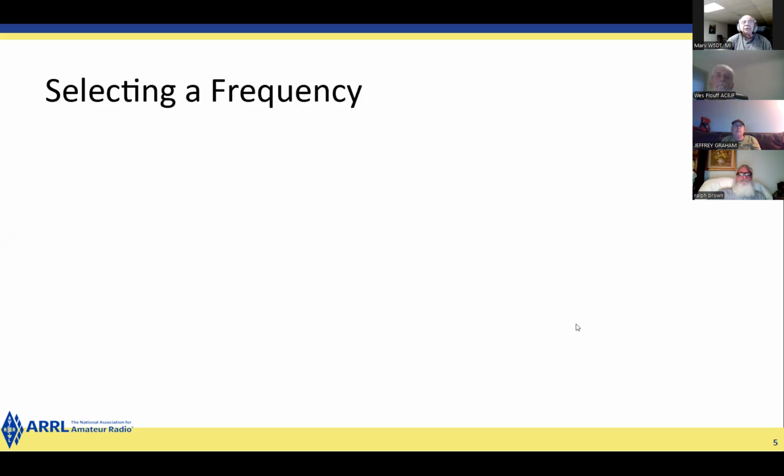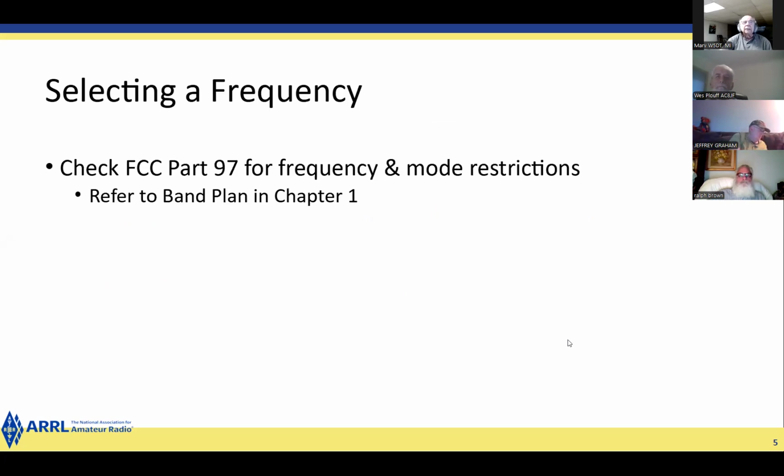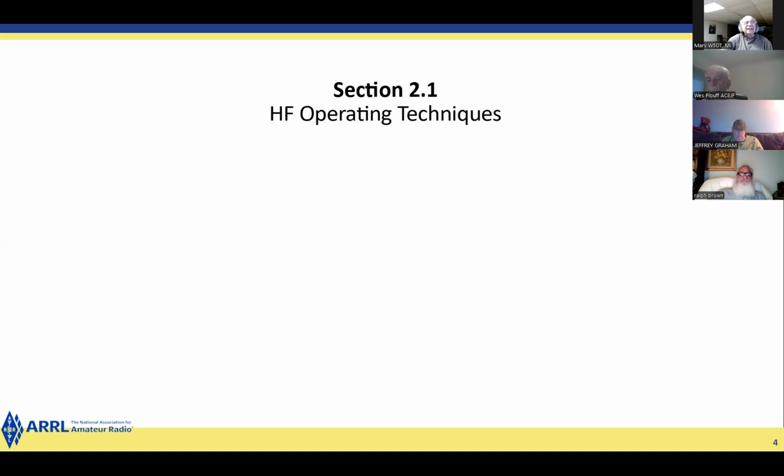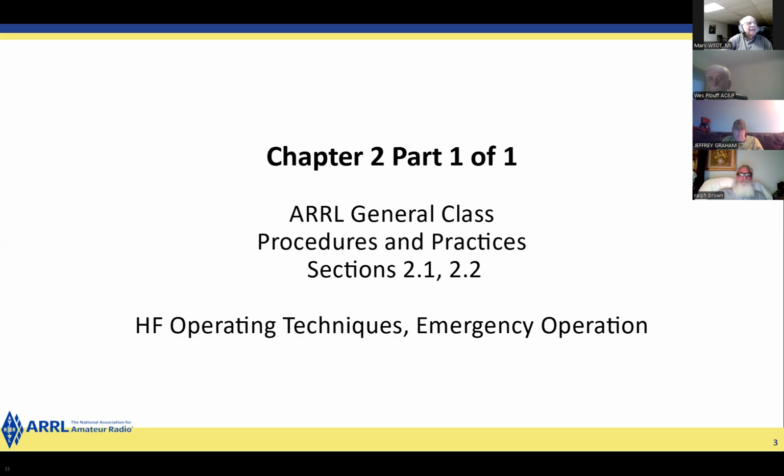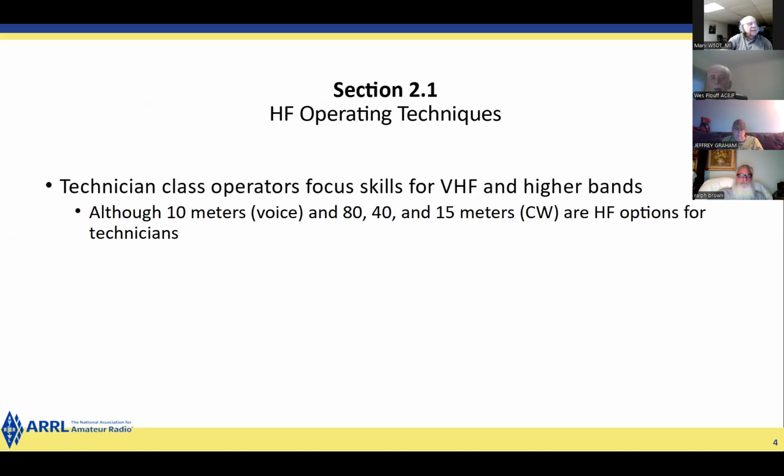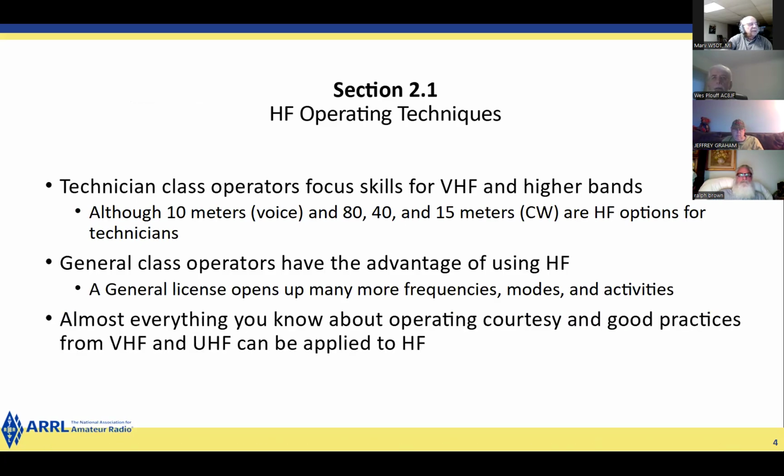The first thing you have to do is, of course, find and select a frequency. You can refer to the band plans in Chapter 1, and you looked at that, I'm sure, when you were reading the book.